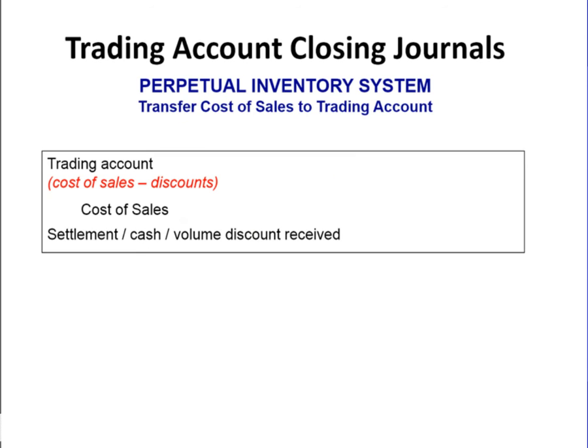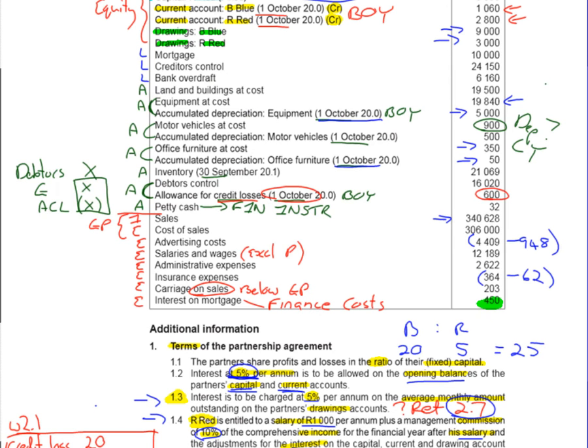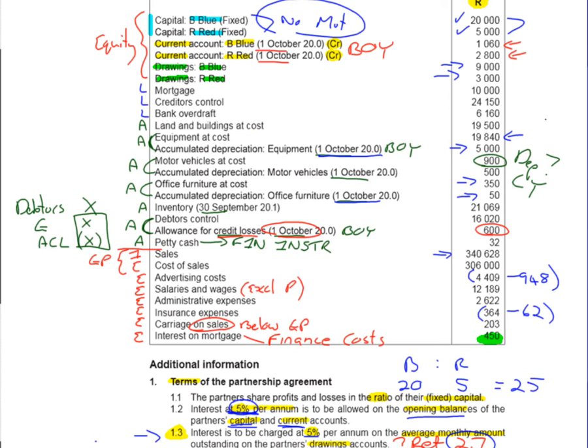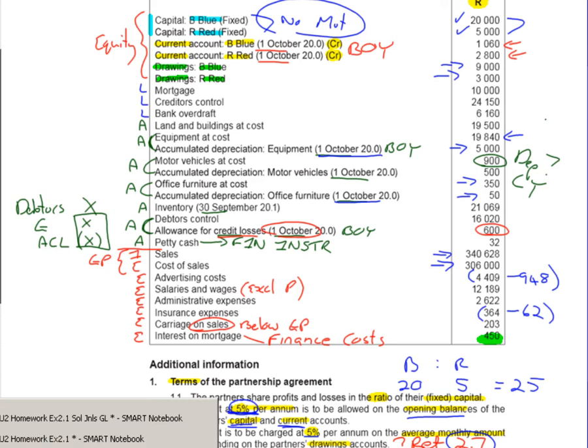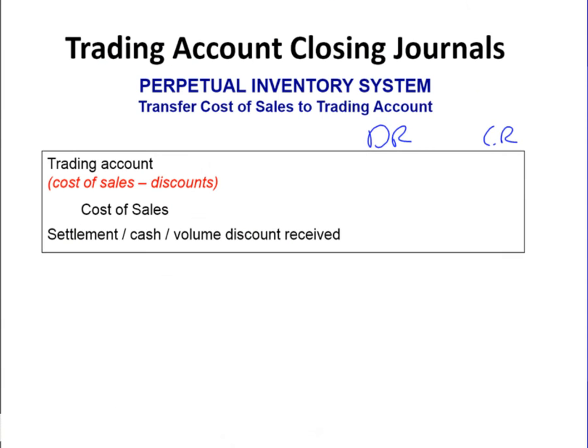Cost of sales, a similar story. Here we will credit the cost of sales account. How much is in cost of sales? Cost of sales, 306,000. Remember that carriage on sales is carriage on what you sold. If it was carriage on purchases, then it might be in cost of sales, but carriage on sales is not going to affect this at all.